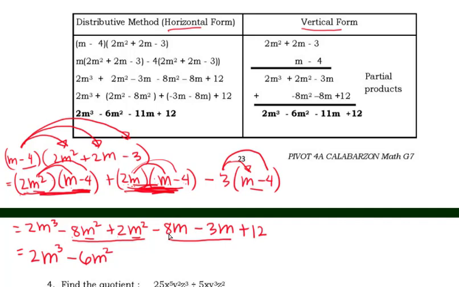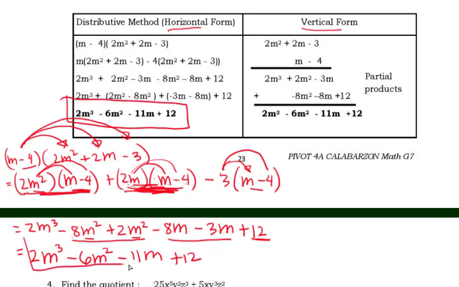Then negative 8 minus negative 3 is negative 11m. Then copy the constant 12. So the answer is this. Both methods give the same result.